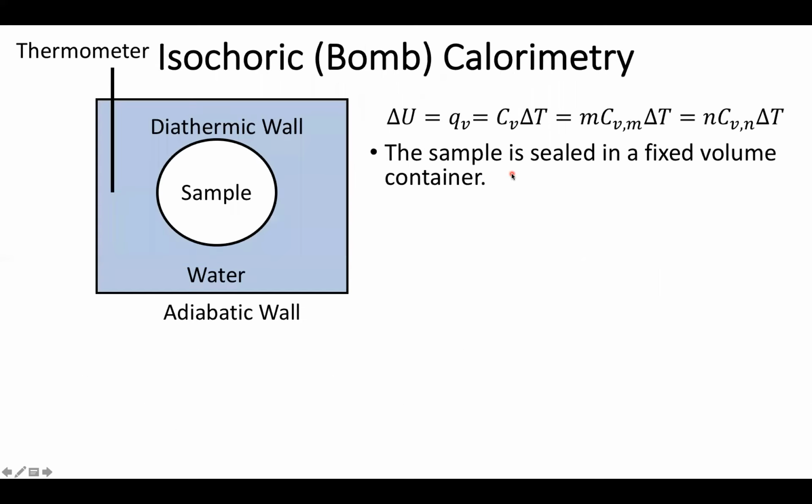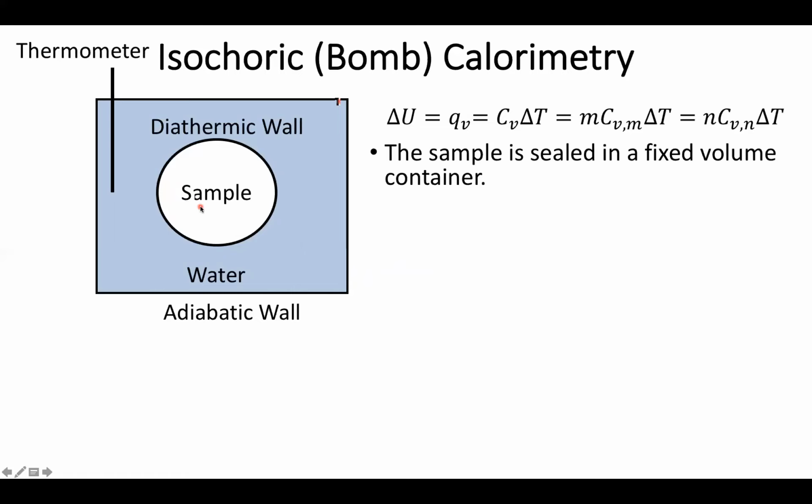So we can again imagine our isochoric bomb calorimeter as being positioned in a container with adiabatic walls, where we're going to have a sample chamber, which is put in a fixed volume container. That way, any reaction or change that happens within this container will in and of itself also occur isochorically.